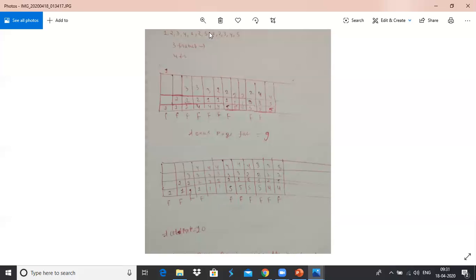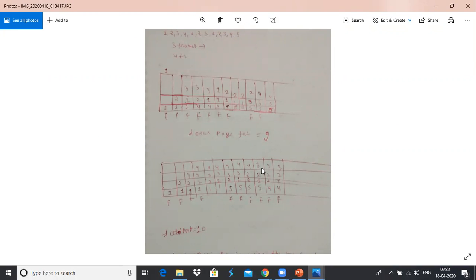Again reference for 1 occurs, so you will replace 2 with 1. Again 1 page fault. Again 2 comes, so 3 will be replaced by 2, 1 page fault. Again 3 comes, previously 3 was not in the frames, so apply the FIFO page replacement algorithm. 4 will be replaced by 3.